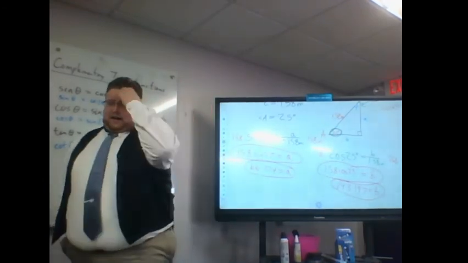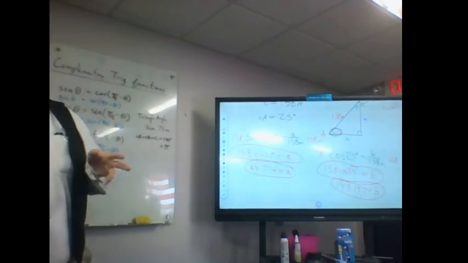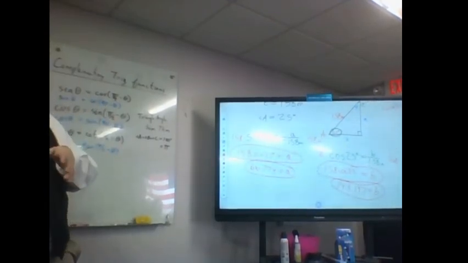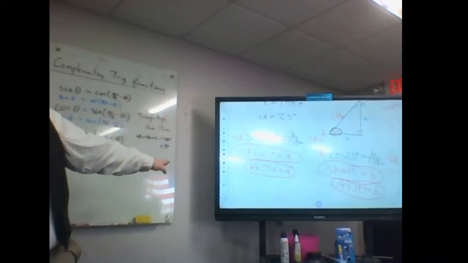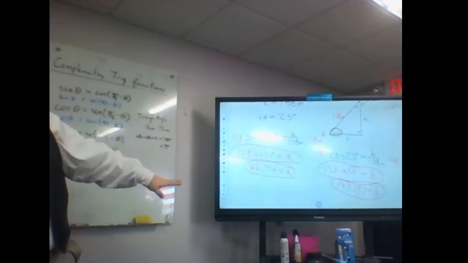Now, somebody in my last block pointed out that I told you guys last time that you could use Pythagorean's theorem to check your work. And that is true. However, if you plug the decimal versions into Pythagorean's theorem, you will get an answer that's really close, but not exactly the same.